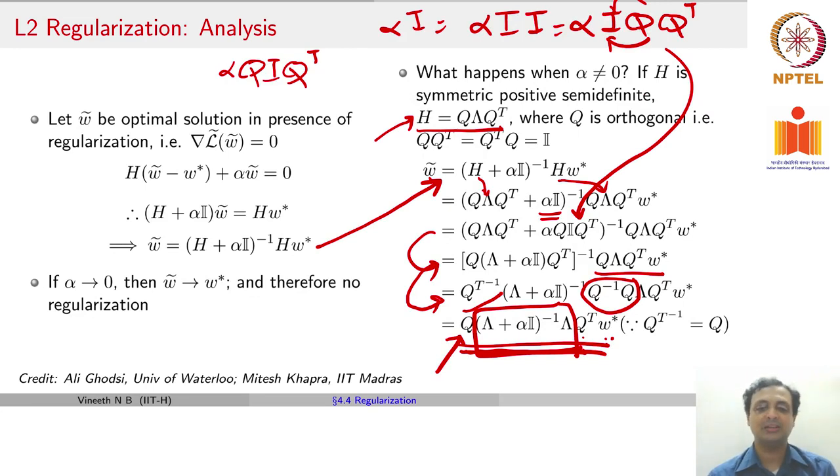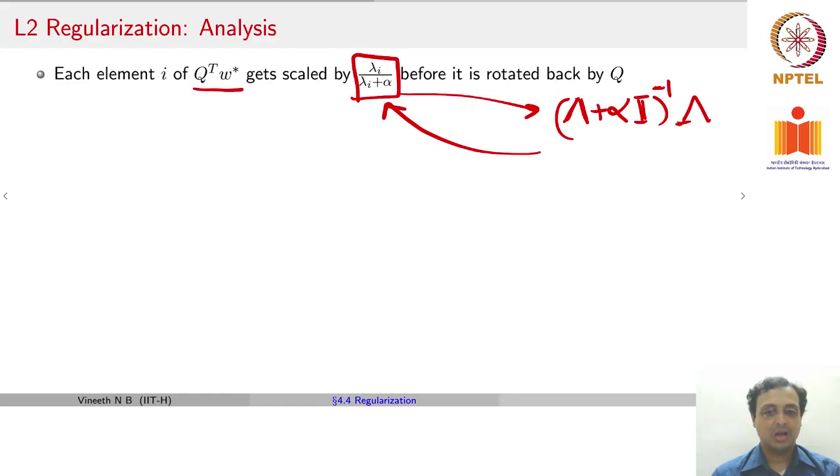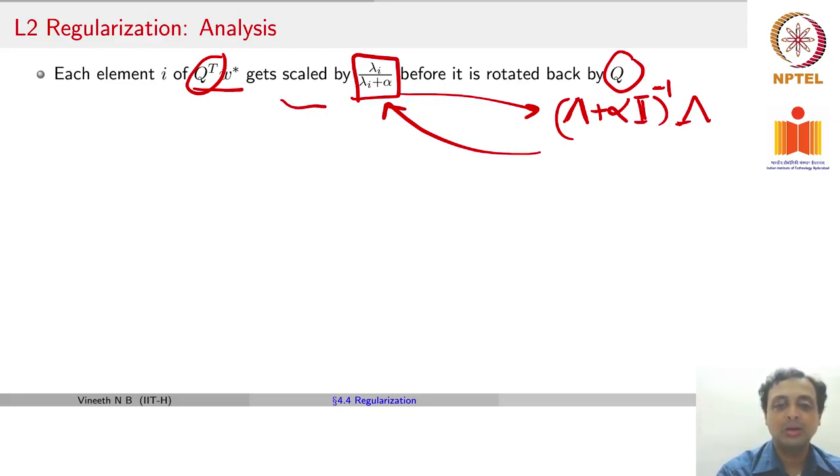When we say rotate, we mean a transformation imposed by Q. You're initially transforming by Q transpose and later transforming back by Q, so in some sense they will probably cancel out each other in terms of the effect. But in between, you're imposing a scaling on your optimal weight vector.